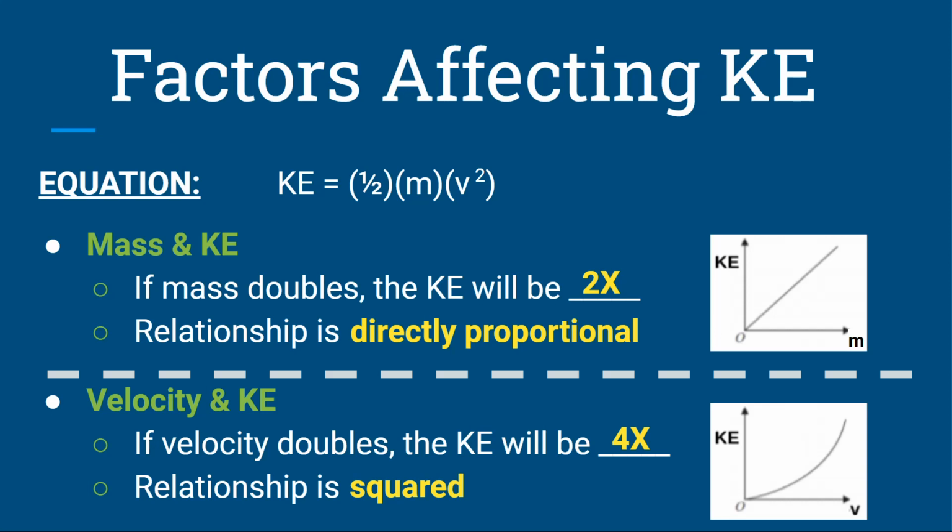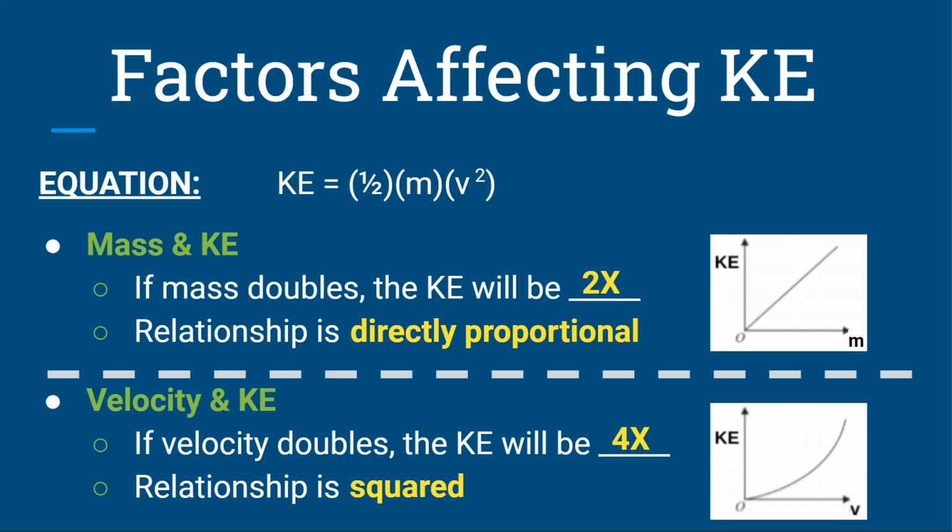So mass and kinetic energy, let's start there. If I were to double the mass of an object, how would its kinetic energy compare? Or let's say I threw two balls at the same speed, but one of them has twice the mass of the other. You should be able to do a comparison. Looking at the equation, if you double the mass, it should double your energy as well, because they're directly proportional to one another.